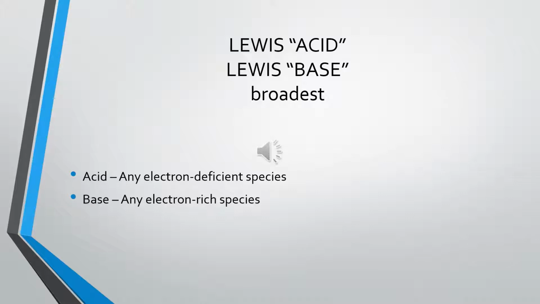If you recall, the Lewis acid, Lewis base definition is the broadest, most general definition of what it means to be an acid or a base. Here are the definitions. An acid is any electron deficient species. A base is any electron rich species. Can we give some examples? Yes.